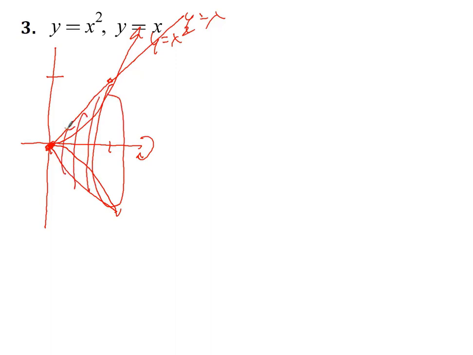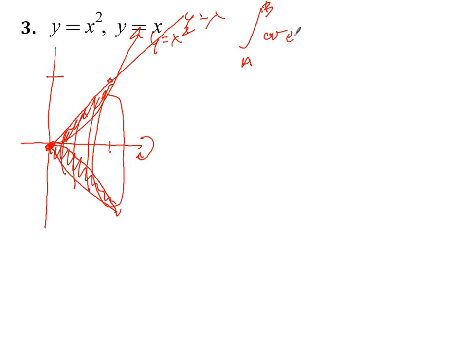And you can see from the drawing that it is indeed going to be a washer, because we have an outer shell and an inner section bored out. Also, you can tell because the region is not wholly touching the x-axis. Anytime the region isn't completely touching the x-axis, you know it's going to be a washer.